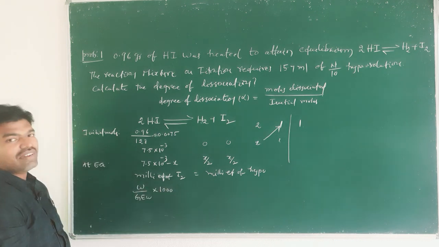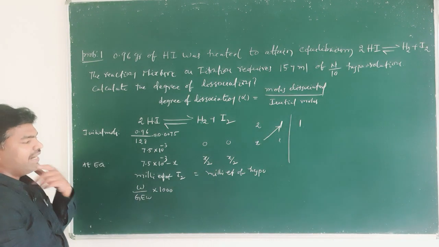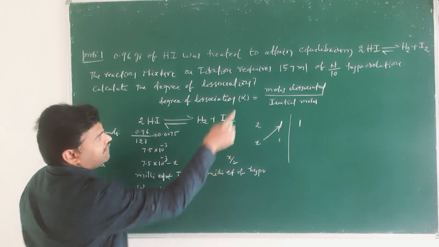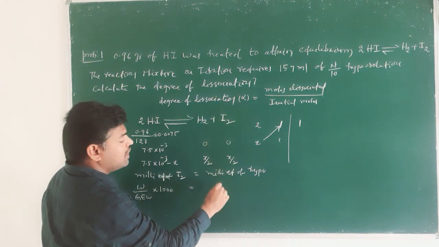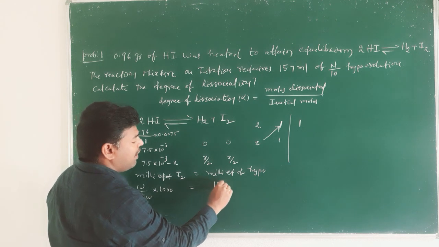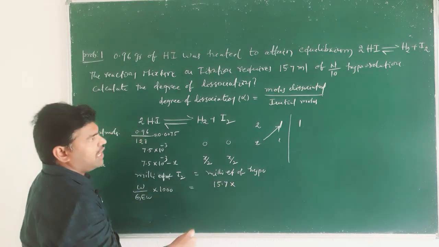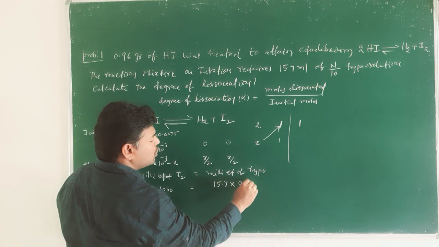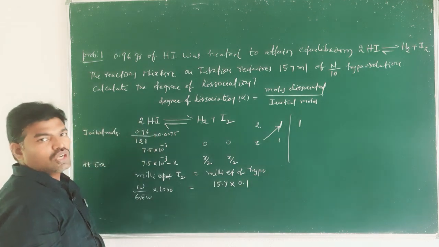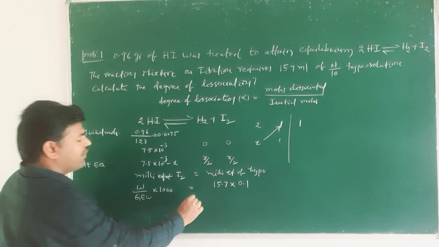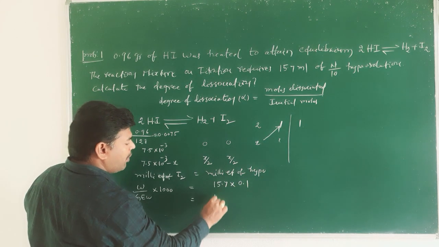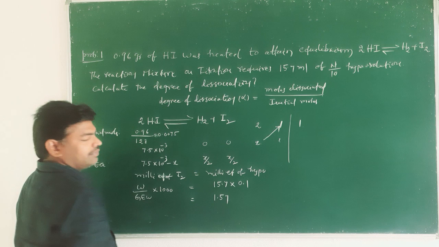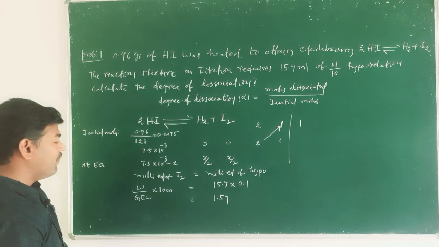The milli equivalents of hypo is volume in ml into normality, that is 15.7 into 0.1, 0.1 meaning 1 by 10, which is 1.57.